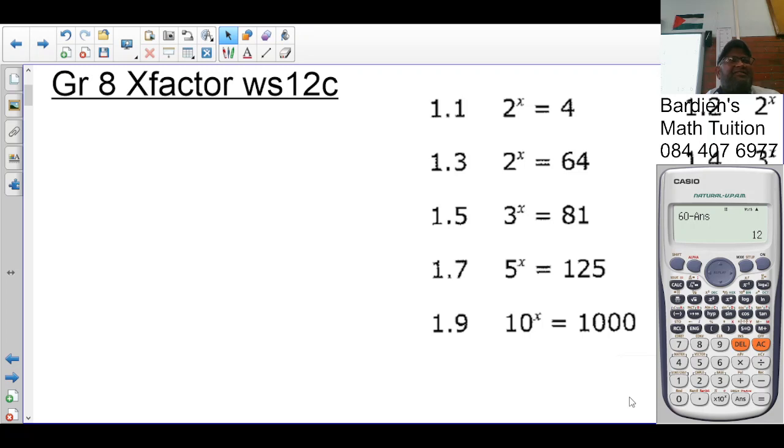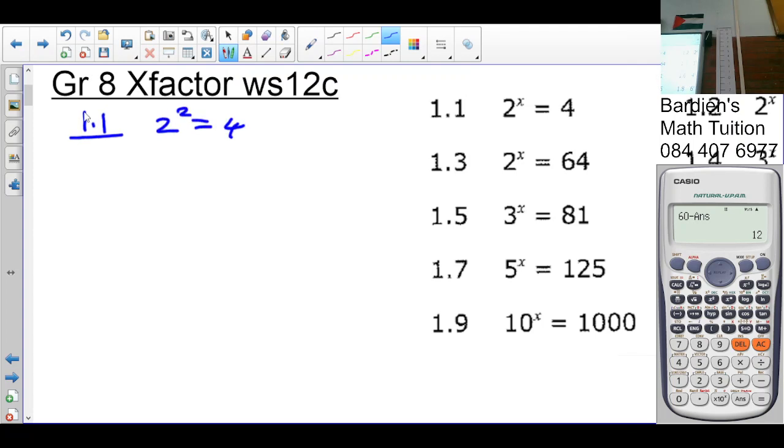So in other words, what she's saying is 2 squared is 4. So if you've got 2 to the x is equal to 4, then 2 to the x is equal to 2 squared. When bases are the same, exponents are equal. So x equals 2.